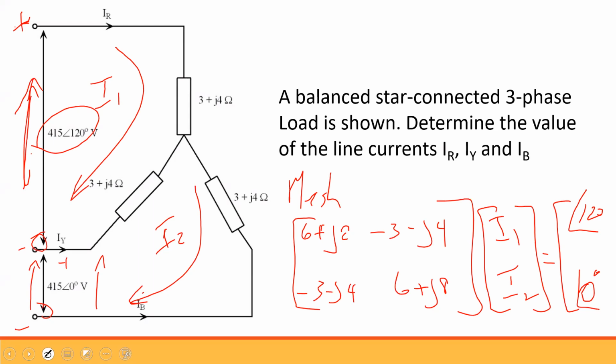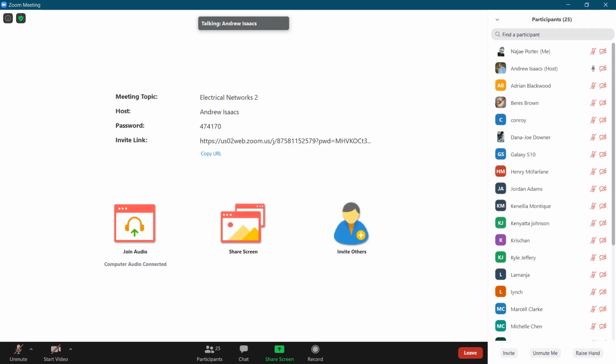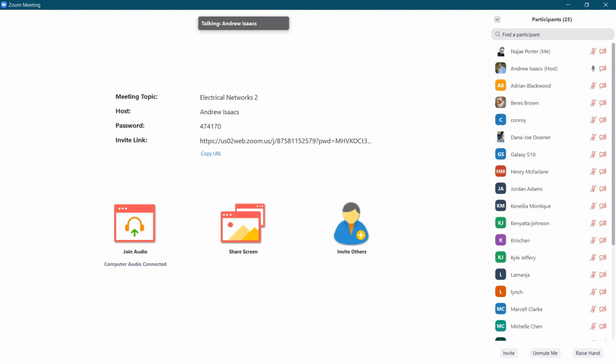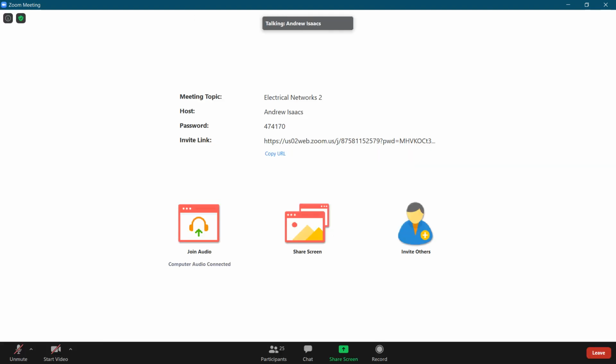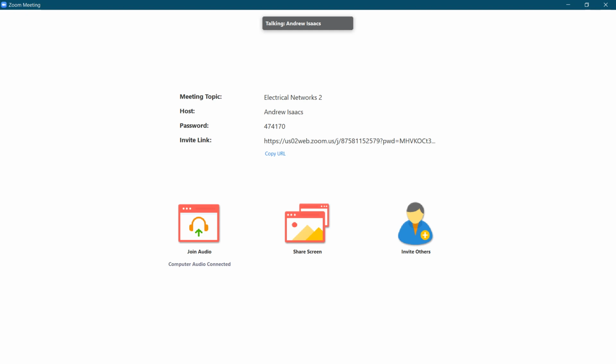For the other questions, what you can do is, the solutions are all on Schoology. There's a folder there that has tests and exams. I believe that's the name of it. Let me just double check.